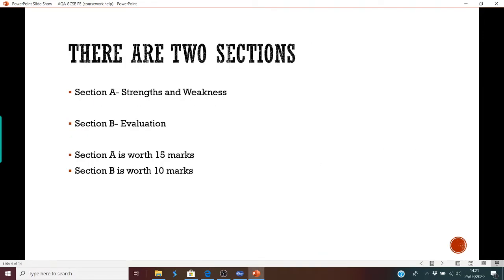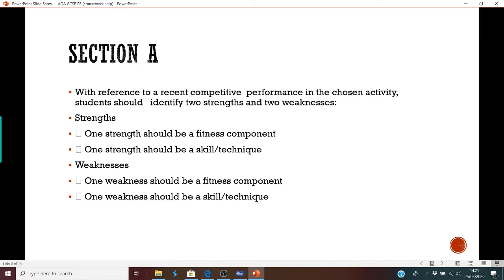Where we've got to think about in section A is this idea where we've got to talk about one strength which has to be a fixed component, one strength which has to be a skill, one weakness which has to be a fixed component, and one weakness that has to be a skill component. Now, it's going to be exactly the same as what we have just talked about.